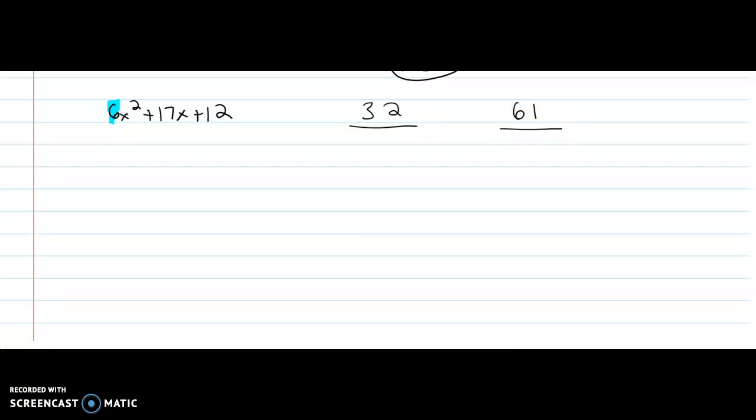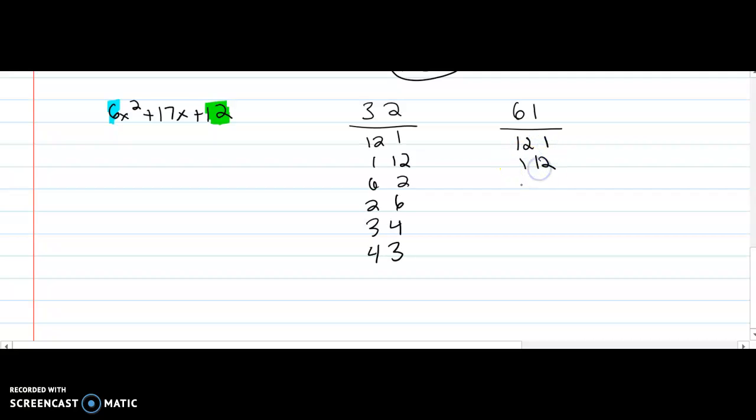Then, underneath, so here we have 12 and 1, 1 and 12, 6 and 2, 2 and 6, 3 and 4, 4 and 3. And then the same thing over here. 1 and 12, 12 and 1, 6 and 2, 2 and 6, 3 and 4, and then 4 and 3.